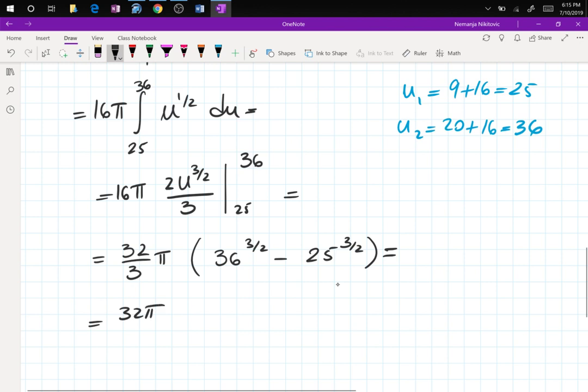So 32 pi over 3, in parentheses I have 6 cubed minus 5 cubed. So that's 36 times 6, so that's 180 and 36, 216. So that's 216 minus 125, that's 91.